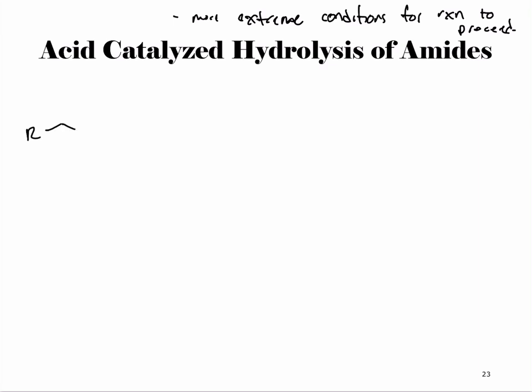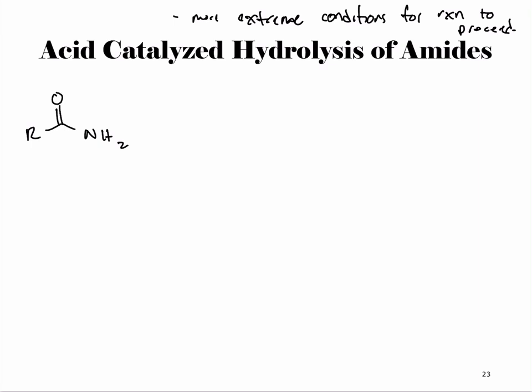So we start with an amide, an unsubstituted amide here. We're going to create a carboxylic acid and ammonia, but if it's a substituted amide, we'll get an amine and a carboxylic acid.